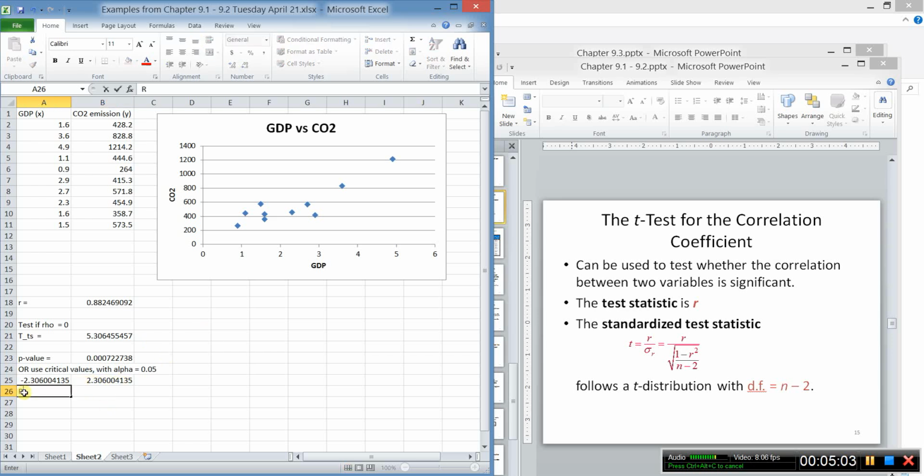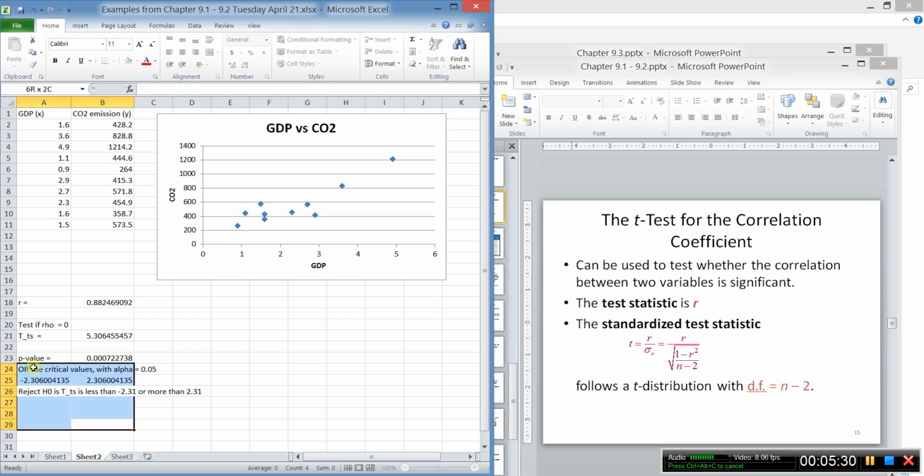So you would say, okay, I'm going to reject H0 if the test statistic is less than negative 2.31 or more than 2.31.